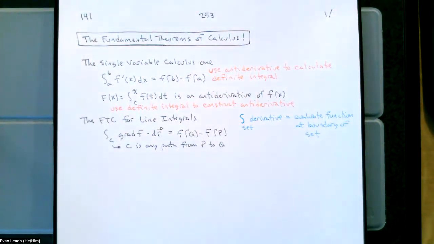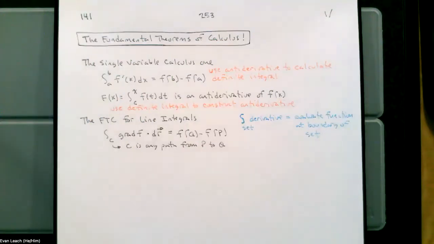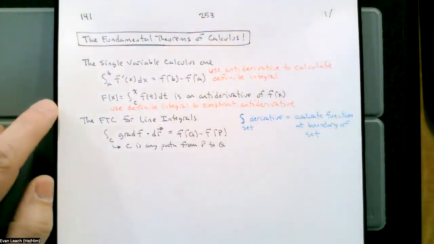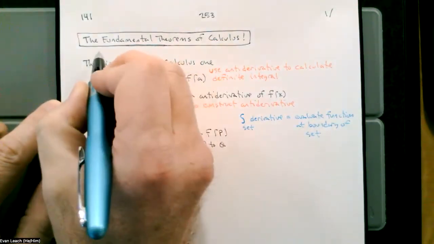We did this in our fundamental theorem of calculus. The set was an interval, and the boundary of the interval was just the endpoints of the interval. So in our single variable calculus, the set was an interval.